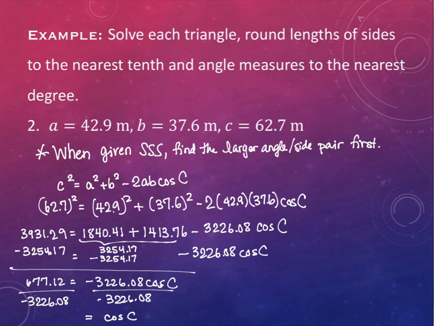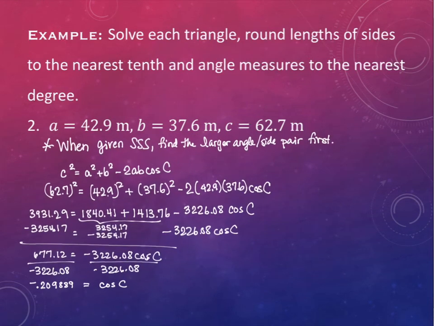And again, I'm going to write this down using 6 decimals because I want to be really careful I don't miss something. It's negative 0.209889. All right, how am I going to find C? Yeah, we're going to do the inverse cosine.